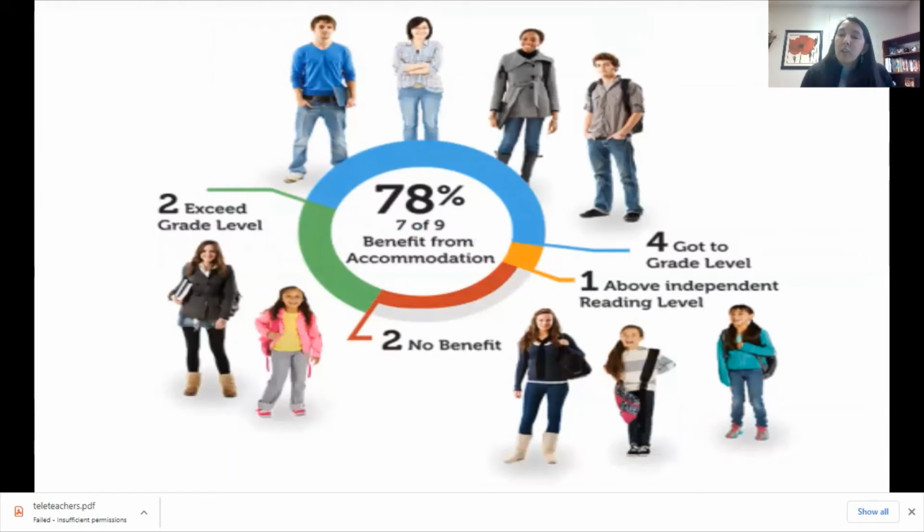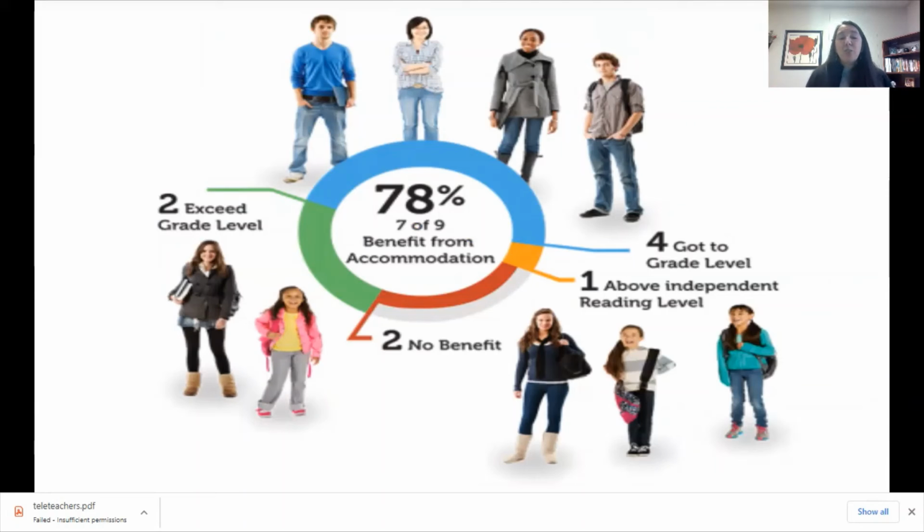This is a graph from the Universal Protocol for Accommodations in Reading, UPAR. And so you can give a group of students the assessment, and it will give you information on that group of students. So say you wanted to give the assessment to your entire classroom of students. In this case, there's 9.